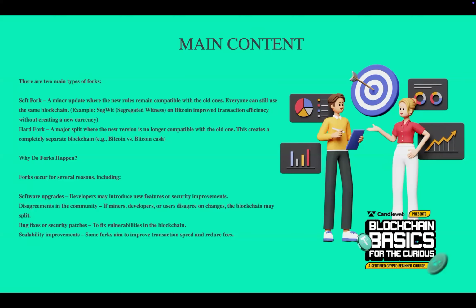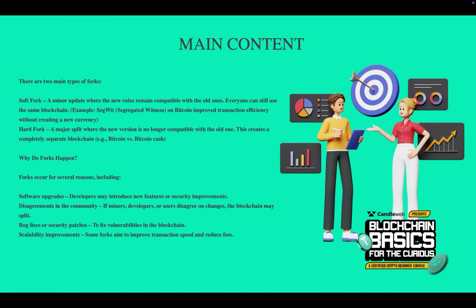If the miners, developers, or users disagree on changes, maybe when there is some comment, okay, we need to change this, I don't think it's necessary for us to change it, and then there is a lot of disagreement. So a particular team can just say, okay, let's split and go and solve this problem. And also bug fixes or security patches.